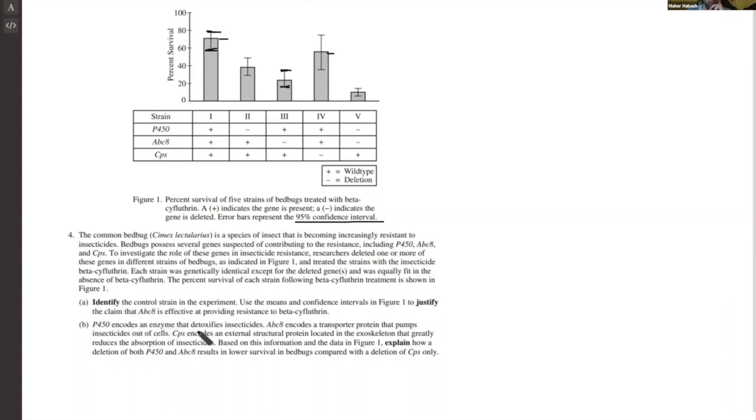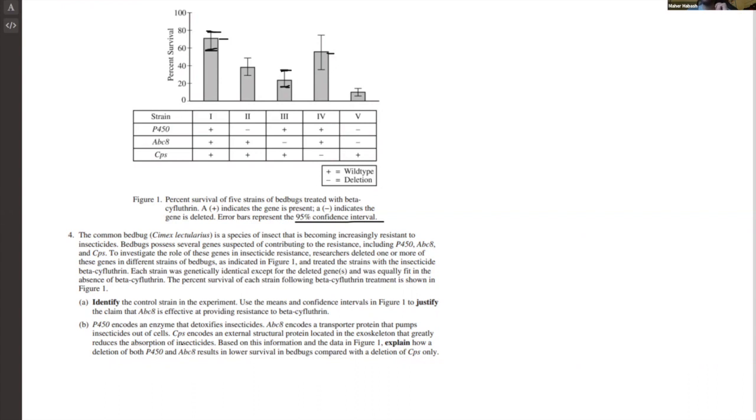P450 detoxifies, ABC8 transports insecticides out of cells, and CPS greatly reduces the absorption. Okay, let's take a look at that answer. So P450 and ABC8 work together to detoxify and pump insecticides out of the cell.